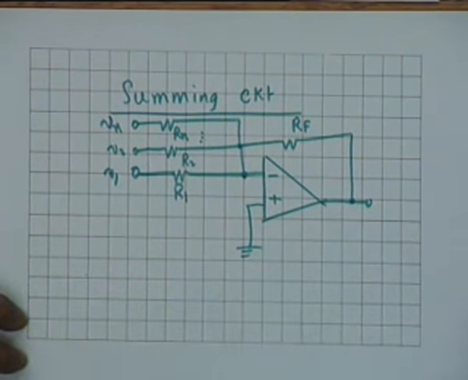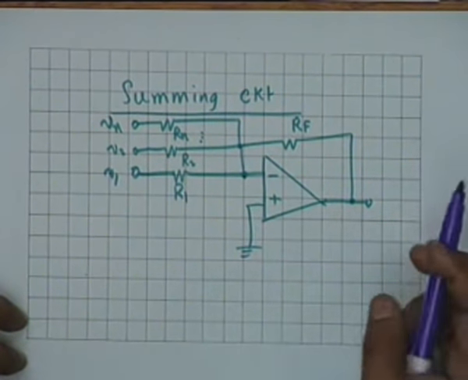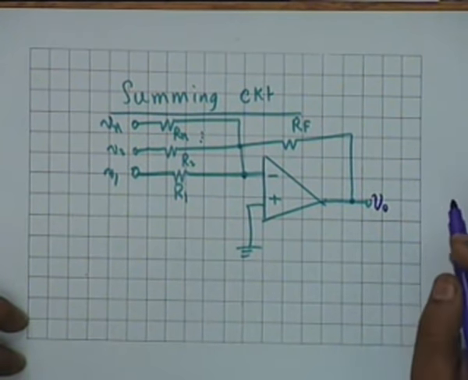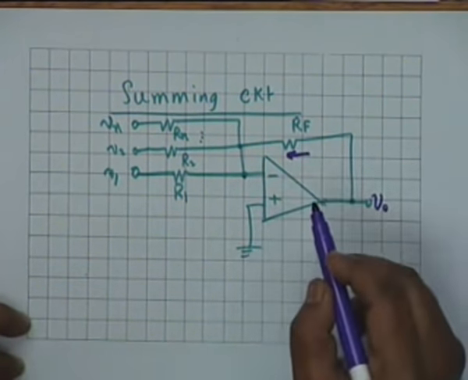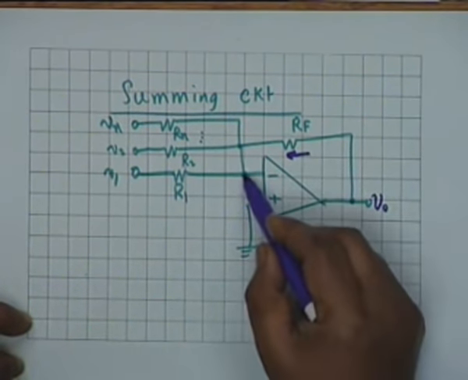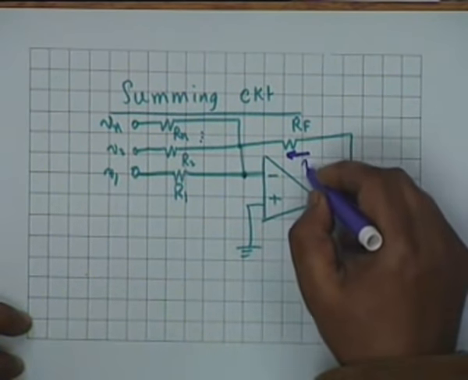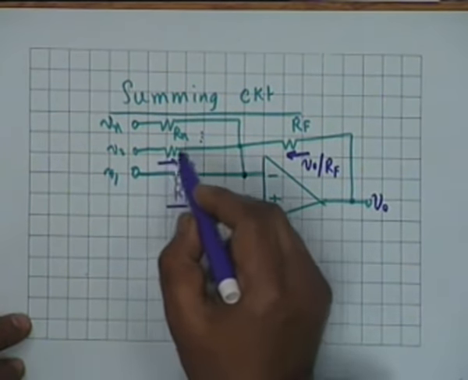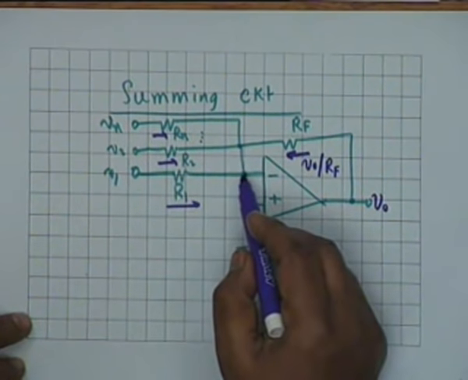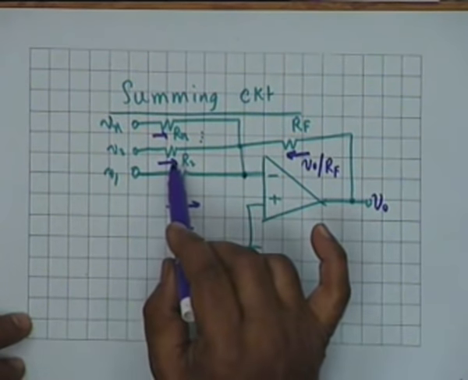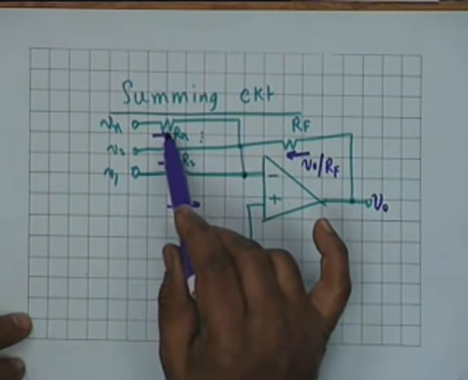To analyze this circuit, notice again that if this is V0, then the current through this would be equal to V0 divided by Rf, because this point is virtual ground. Similarly, you can find the currents through each of these resistors. Because this is virtual ground, the current here would be V1 by R1, the current here would be V2 by R2, the current here would be Vn by Rn.